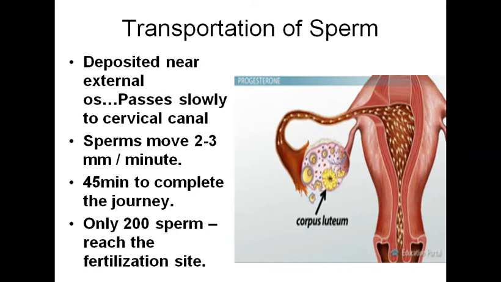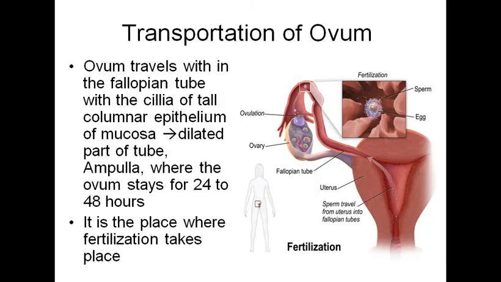We were on the last point, right? So only 200 sperms reach the fertilization site. Now the ova travels within the fallopian tube with the cilia of the tall columnar epithelium of the mucosa.